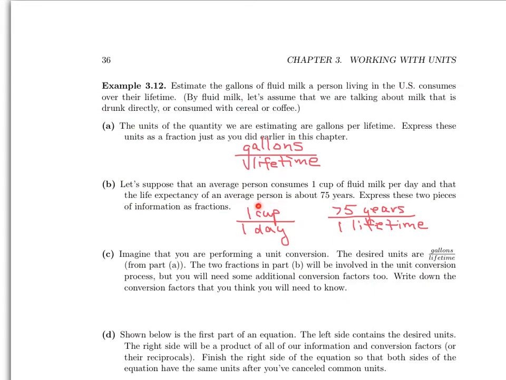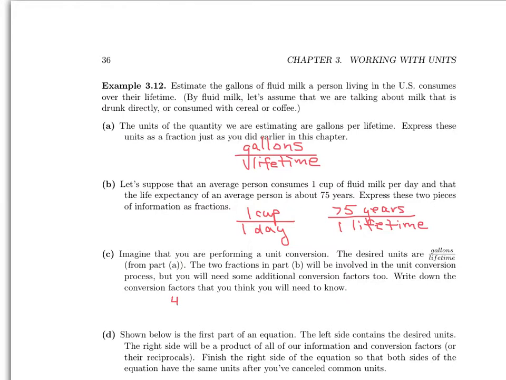Now, we can go from cups to gallons, but some of you may not know how to go from cups to gallons directly, so we can do this in a couple of steps. Here's one conversion factor that you might know.